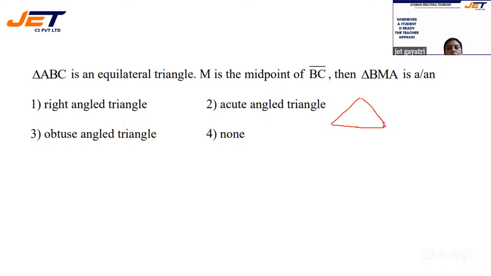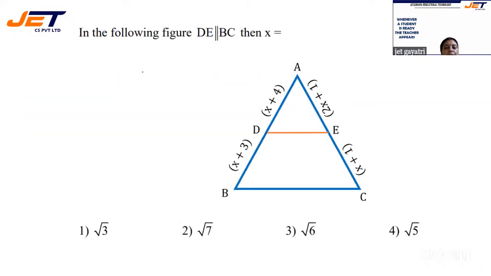So M is the midpoint of BC, so this is A, B, C. What is triangle BMA? It is so obvious that it is a right angle triangle, isn't it? So without any doubts, you can quickly circle option 1 as the correct answer. Right. See the next question.